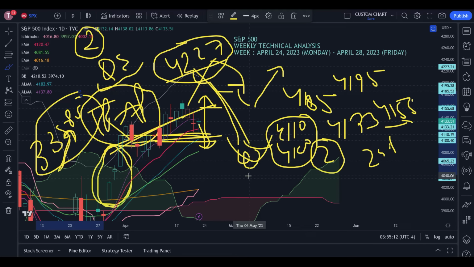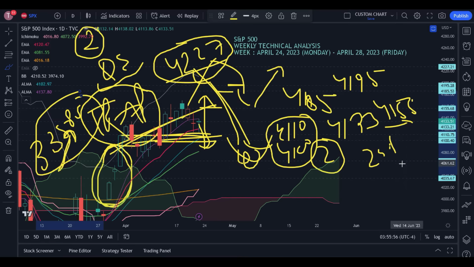Whatever happens in one index will happen across almost every index, and then in the entire US stock market, right? So as a technical trader, your approach must be to consider other aspects: if I'm doing the technical analysis of the S&P 500, at the same time I'm looking into the Dow Jones, the Nasdaq, and even the European market.